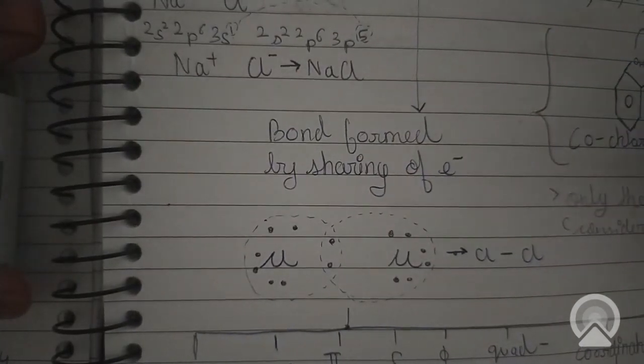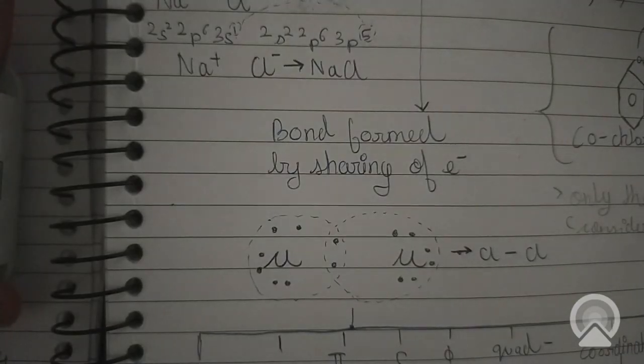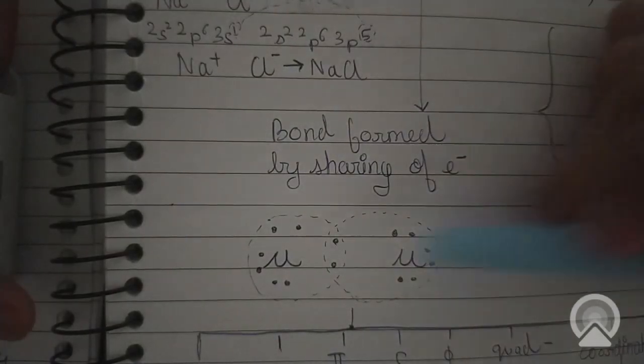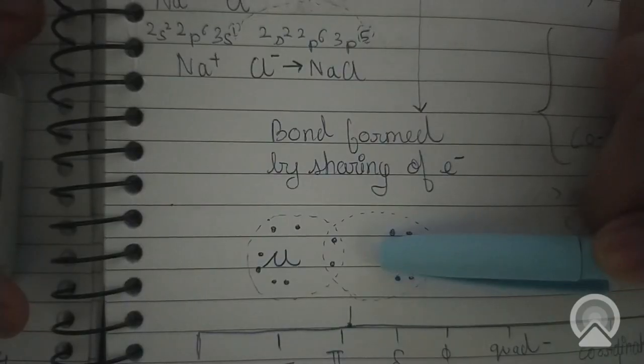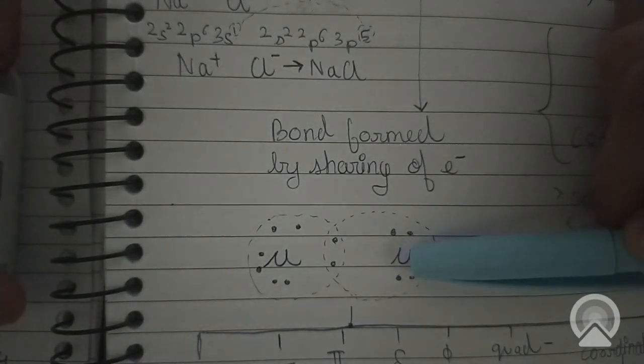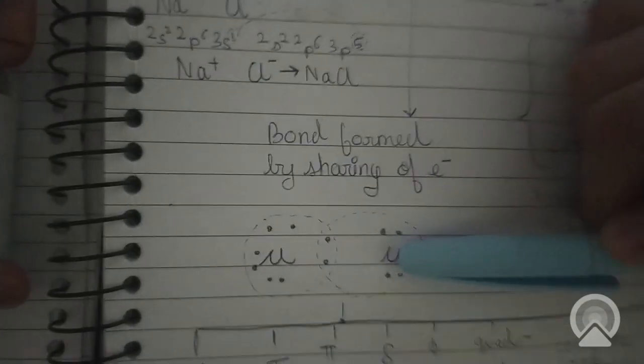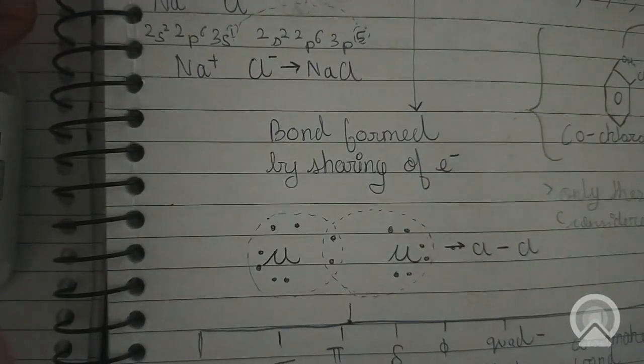So a chlorine tells the other chlorine, I need one electron from you so I can complete my octet. And the other chlorine says, no, I won't give one electron because I myself need one electron to complete my octet. So what they decide is that they will share one electron, and that's how they form covalent bonds.